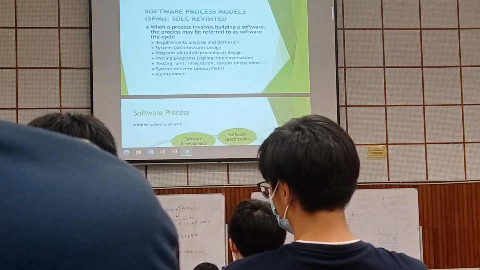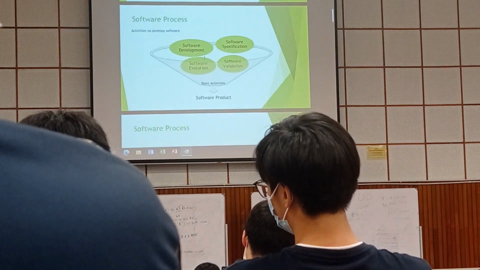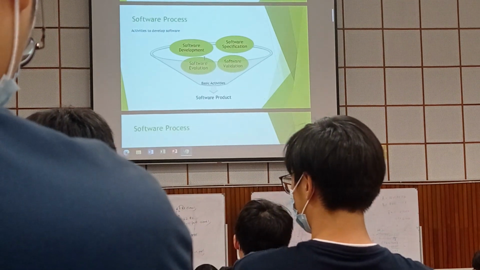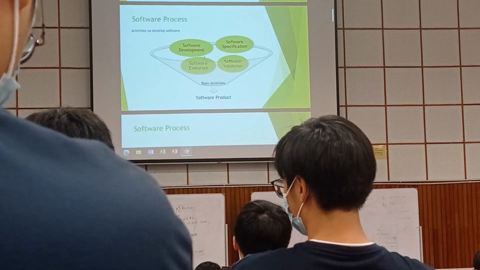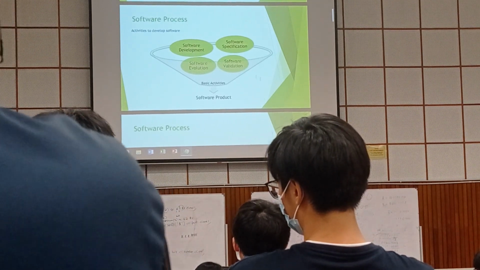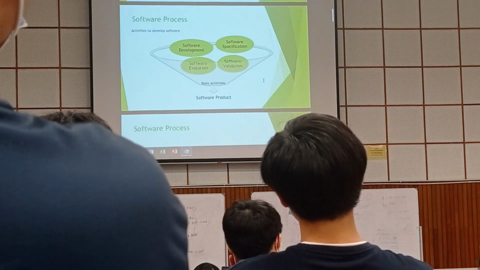Coming slide, sorry. When we talk about the software process, these are the four activities involved to develop the software. What are the activities as you can see? What is the first one? Yes, software development.